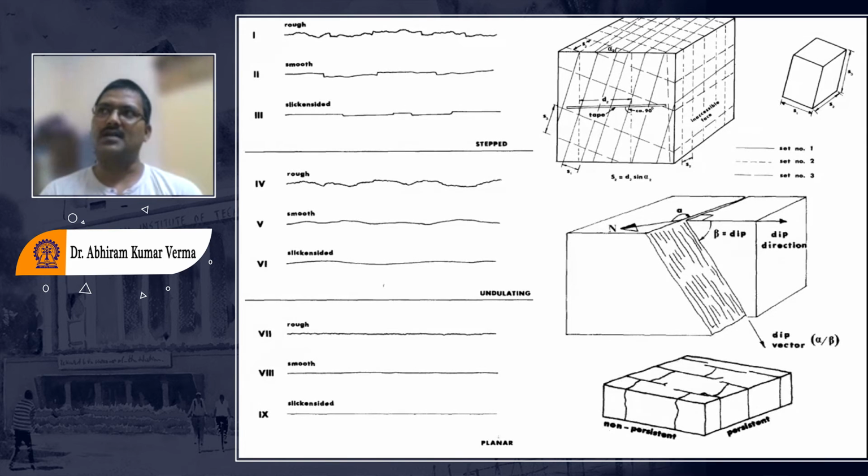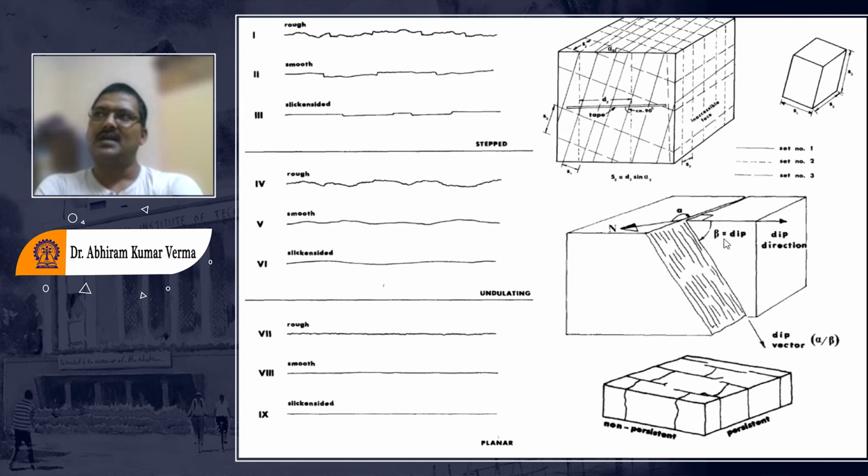By a practical experiment: if you pour some water on an inclined surface, maybe some inclined surfaces are there in some places, the direction in which the water will flow shows you the direction of maximum dip. So this is what we are trying to measure, the dip.